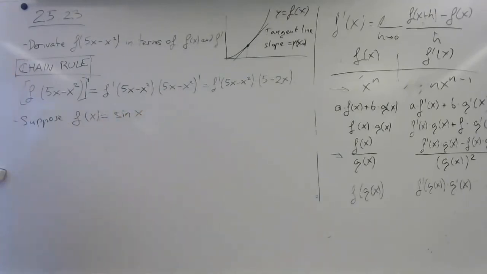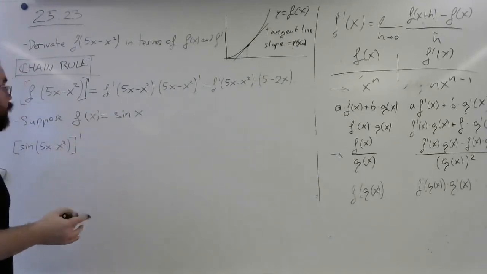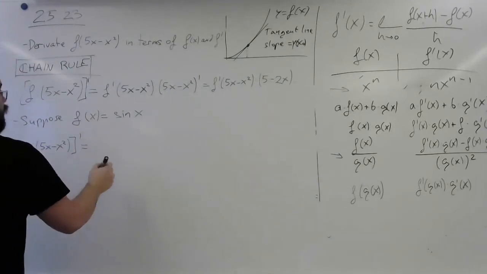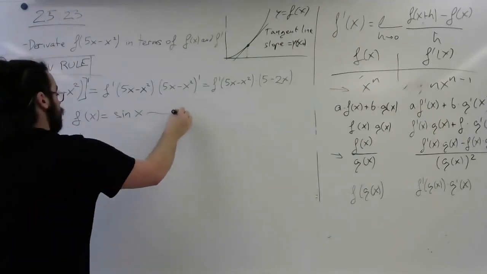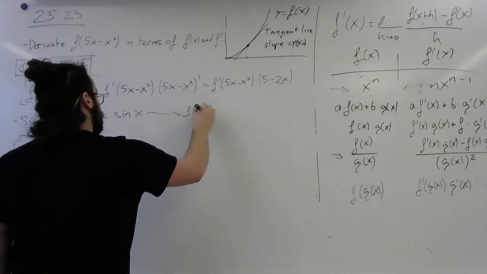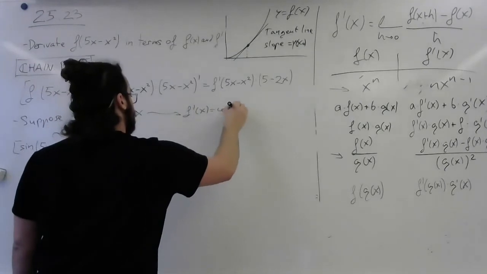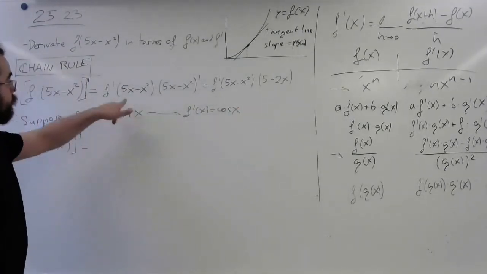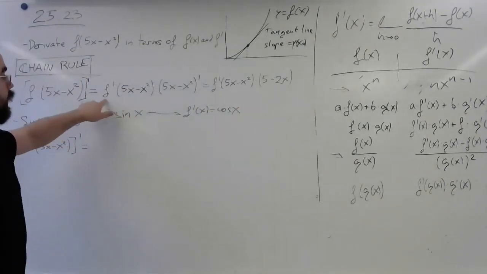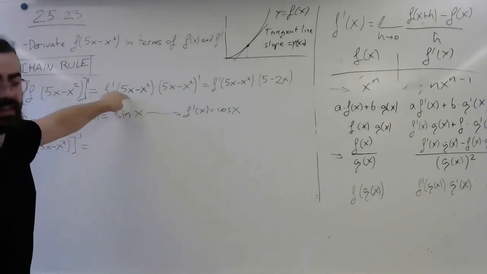For example, if we have the sine function, and we want to derive the sine of 5x minus x squared, before my pen dies, if possible, then by the chain rule, our derivative will be f prime evaluated here.